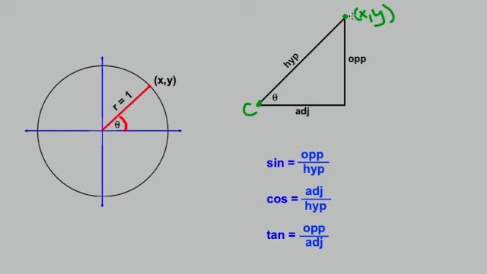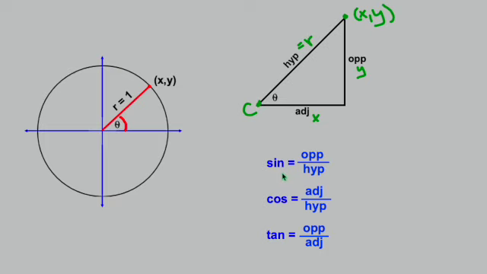Because this point is x comma y, the distance along the adjacent side would be whatever x is, and the distance over here, the opposite side, would be whatever y happens to be, because we're going right x and going up y. And the hypotenuse is whatever the radius is.